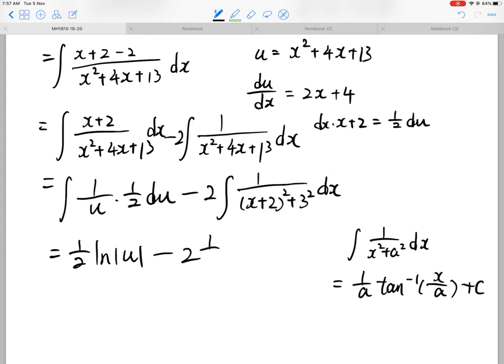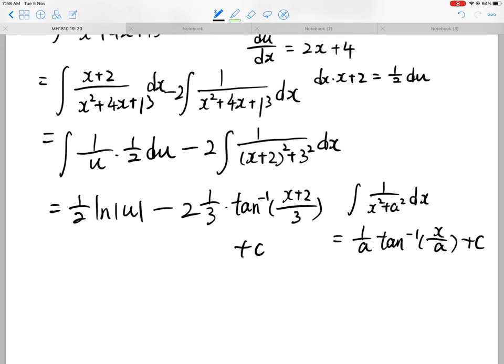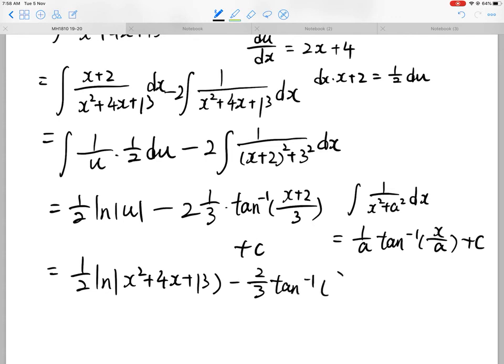Now a is 3, and it's tangent inverse, where x is x plus 2 over 3, plus c. So it's half log absolute value of x squared plus 4x plus 13, minus 2 over 3 tangent inverse of (x plus 2) over 3, plus c.